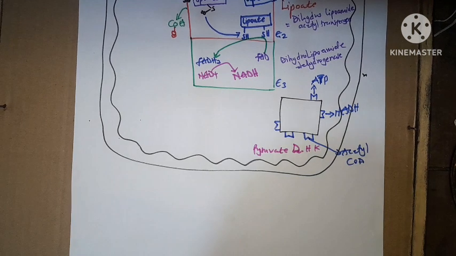Another one is ADP. High ADP means low ATP. And so this ADP will inhibit this pyruvate dehydrogenase kinase, and it cannot phosphorylate enzyme 1.